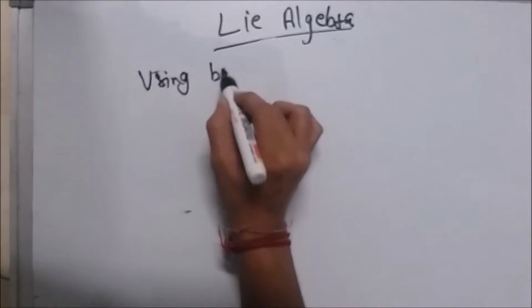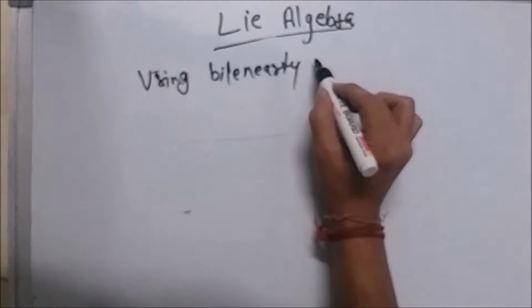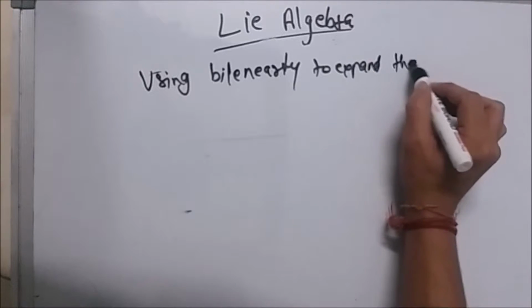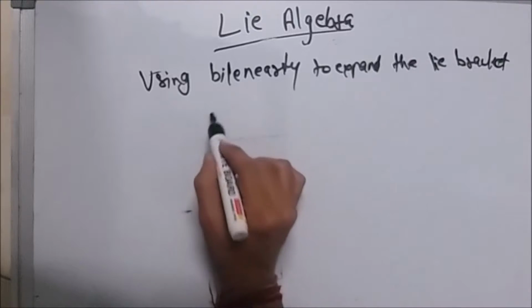In the earlier property, we use bilinearity to expand the bracket [x + y, x + y].